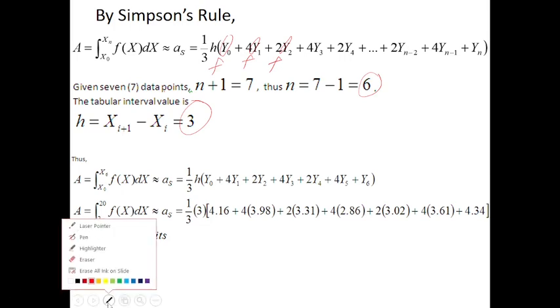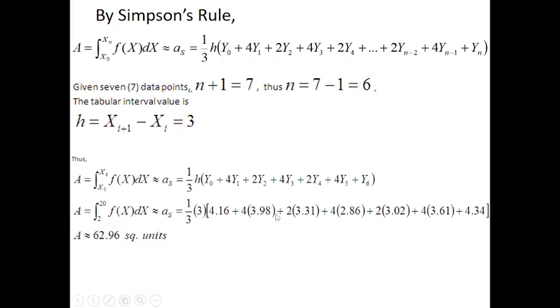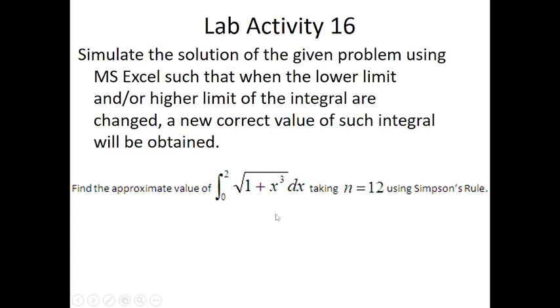Alright, so we proceed. This is the activity that you will do.